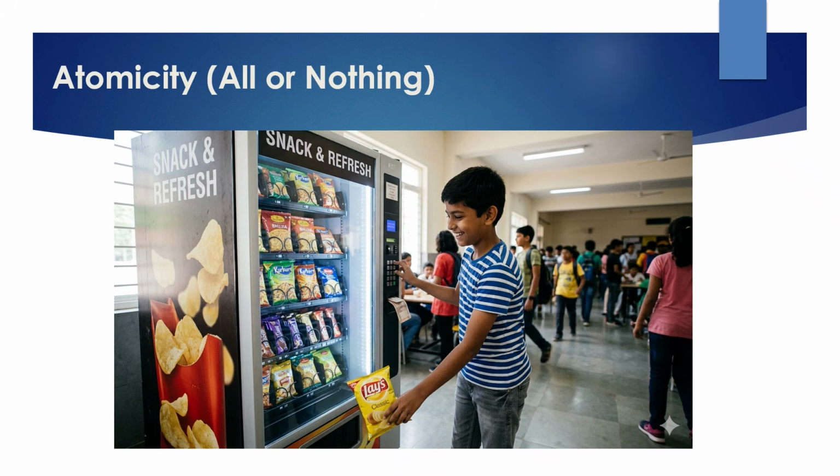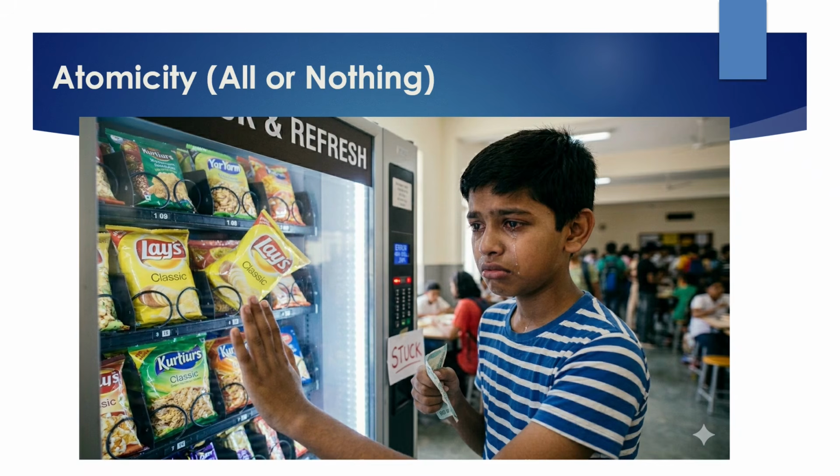But now suppose that the little boy entered his money and selected the food packet also, but because the machine was not working fine, the packet got stuck inside the machine, and his money is also inside the machine. This kind of situation is not at all acceptable in the real world or in DBMS as well, right?